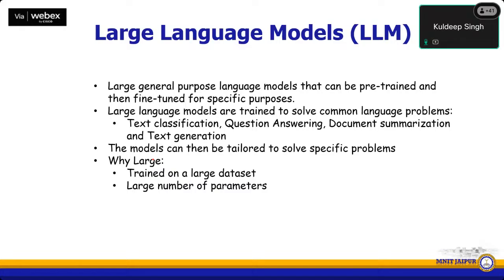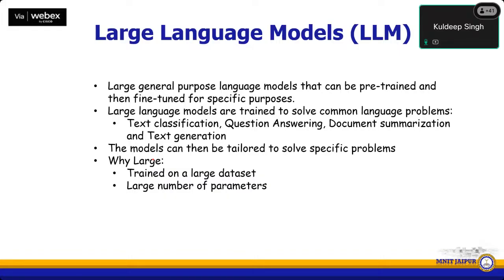As we were discussing earlier, these LLMs are trained to solve common language problems like text classification, question answering, summarization, and generation, and then these models can be tailored to solve specific problems. And why the term large? Because they are trained on a large data set, firstly. Secondly, they have a large number of parameters. What do these parameters mean?